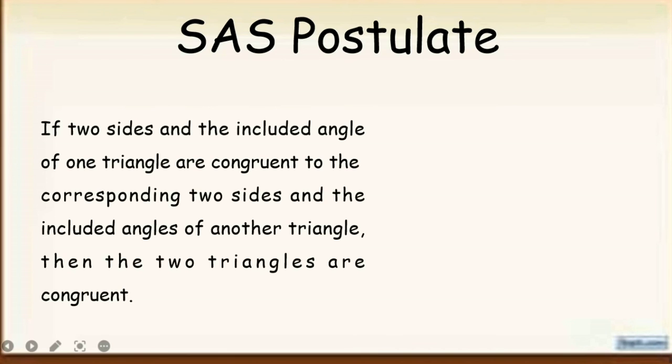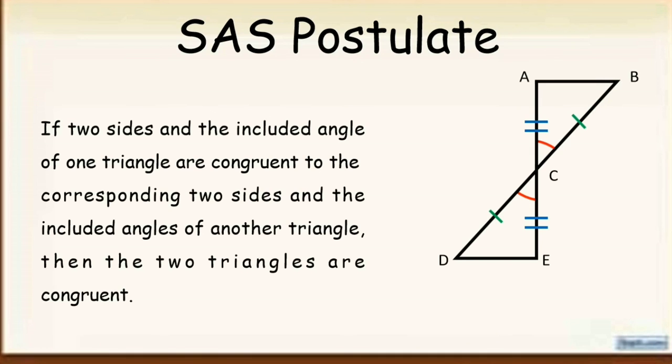So okay, next, SAS postulate. If two sides and the included angle of one triangle are congruent to the corresponding two sides and the included angle of another triangle, then the two triangles are congruent. So let's say we have here triangle ACB and triangle ECD.